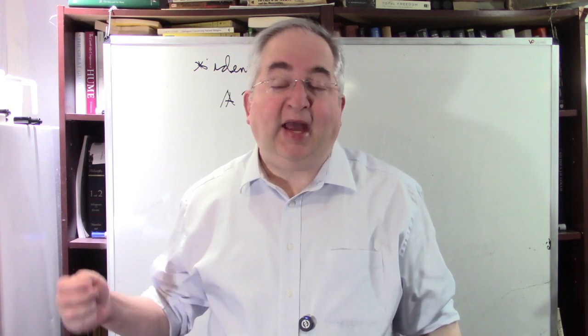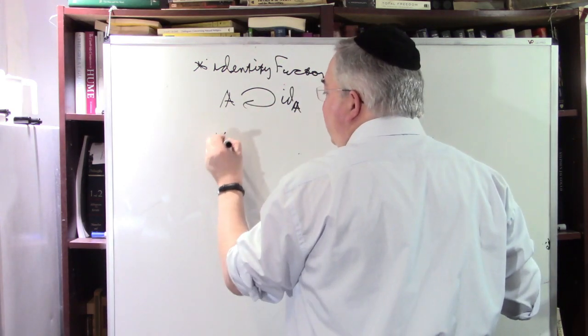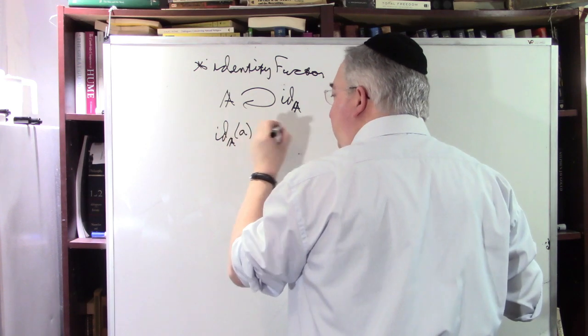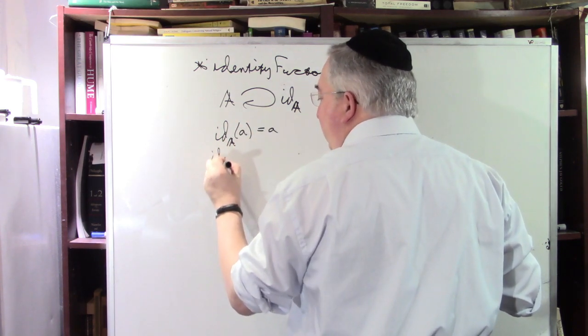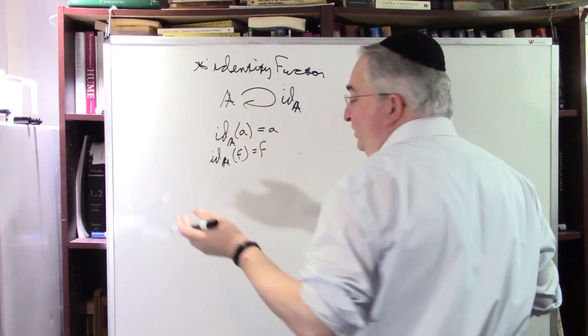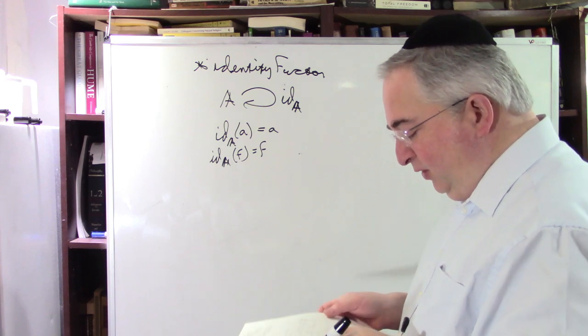Within every category, every object has an identity morphism, and now we're saying every category itself has an identity morphism. It does stupid things. So identity on A of little a equals little a. Identity on A of F is equal to F. It doesn't change anything, but we'll see it's an important functor.